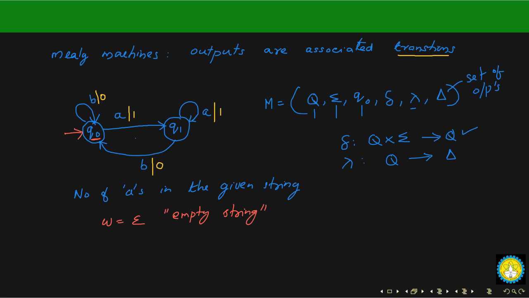Whereas in a Moore machine, an epsilon string can also generate an output, which was represented at the state Q0. But here, since we define outputs only upon transitions, an empty string does not make sense. So if you give an empty string to a Mealy machine, it will not produce an output. Your output will be empty. So this is also very, very important to understand.